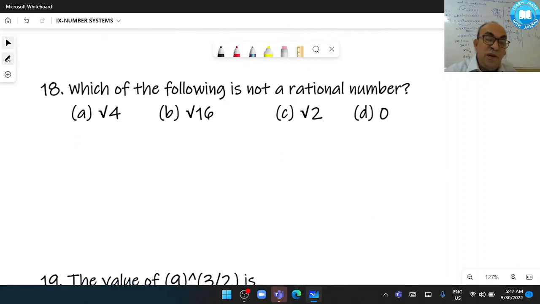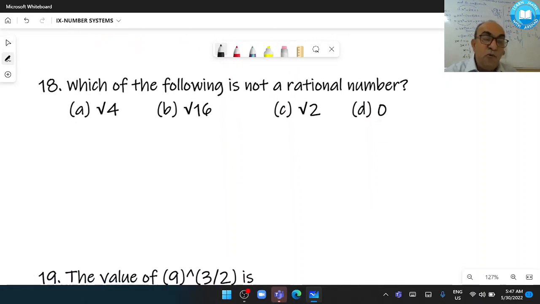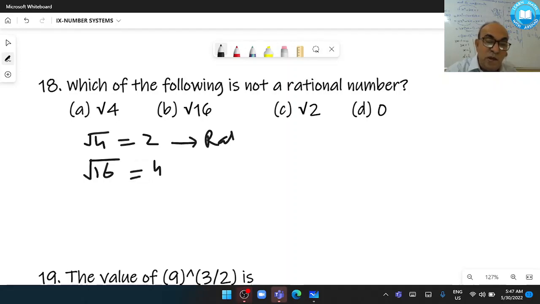Now question number 18. Which of the following is not rational? The square root 4 equal to 2, it is rational. Square root 16 equal to 4, it is rational. This is also rational.